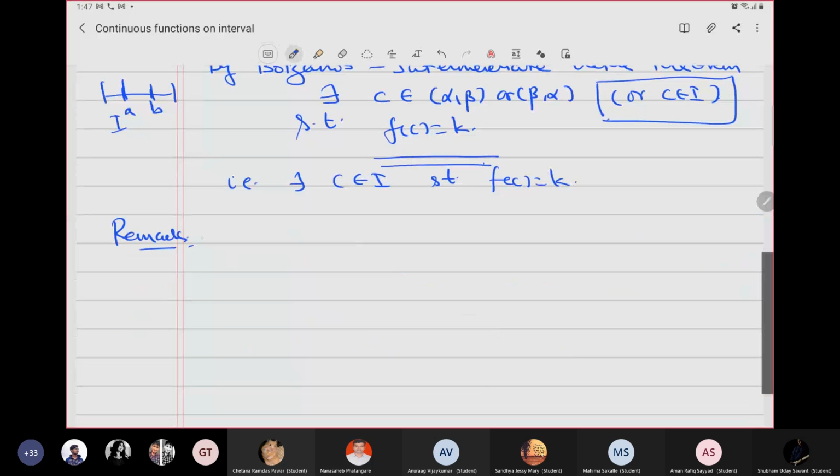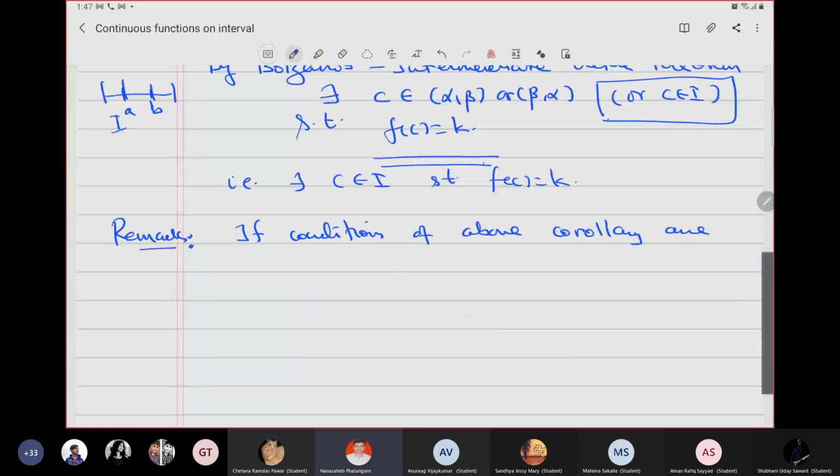So if the conditions of the corollary are satisfied, right?